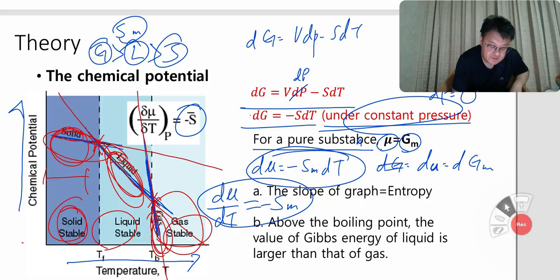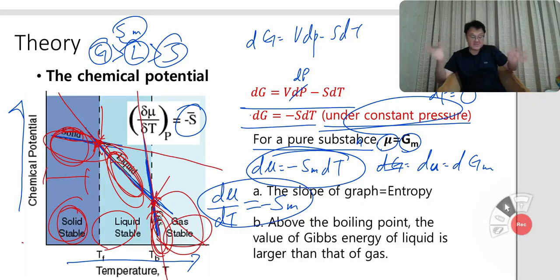solid and liquid have the same chemical potential, okay? That is actually the boundary, corresponding to the boundary in the phase diagram, where phase transition takes place. Again, this point corresponds to the temperature where you have the same chemical potential between gas and liquid, okay? Again, phase transition takes place.